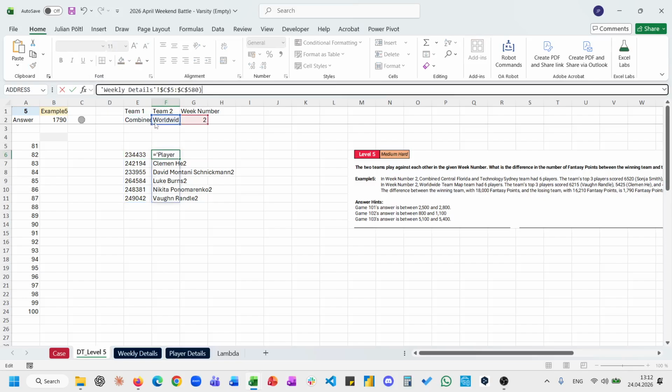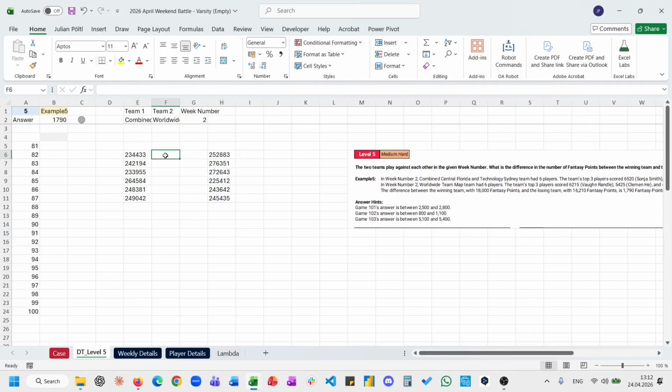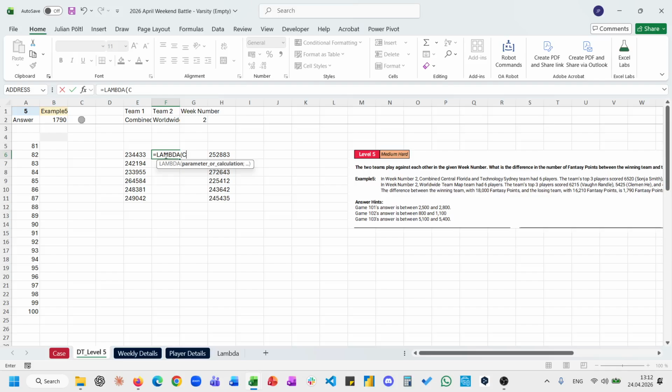And this is then the same for the second team. And how do I do this? Do I want to write LAMBDA for this? Yeah, let's do this. A LAMBDA C.